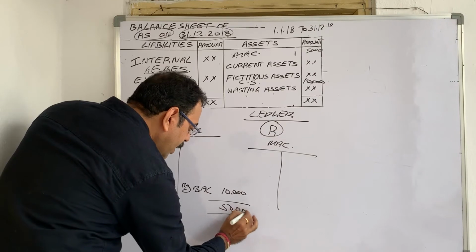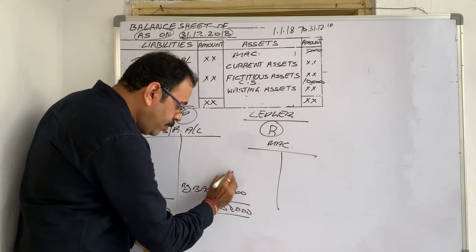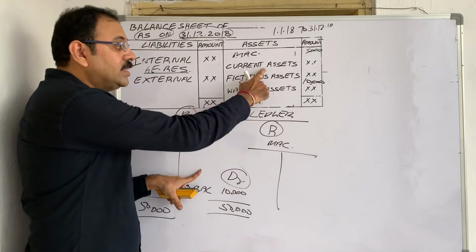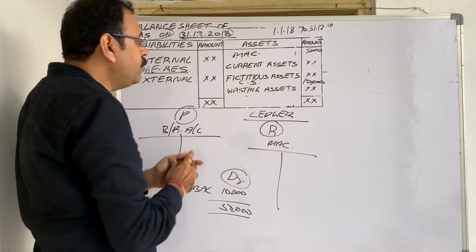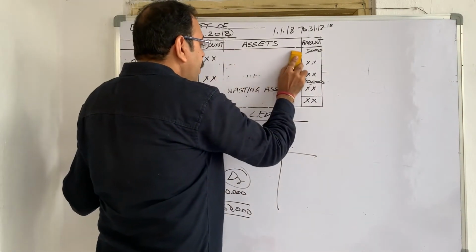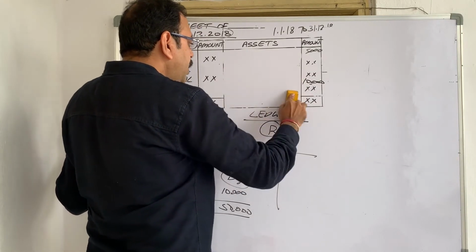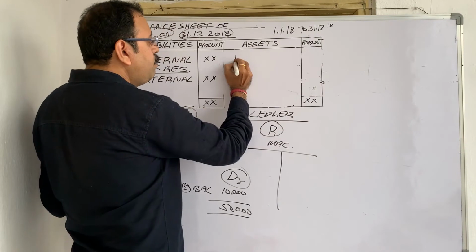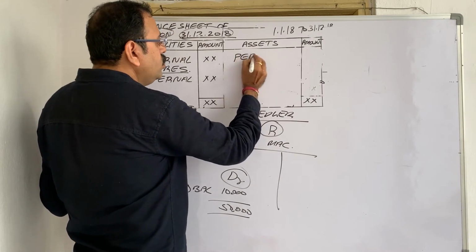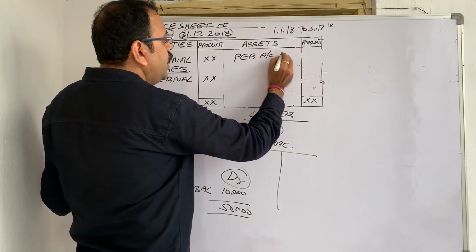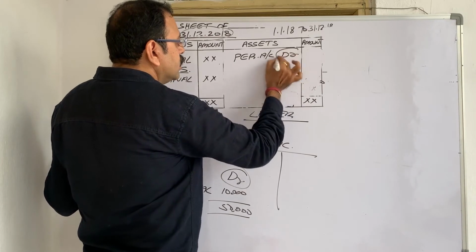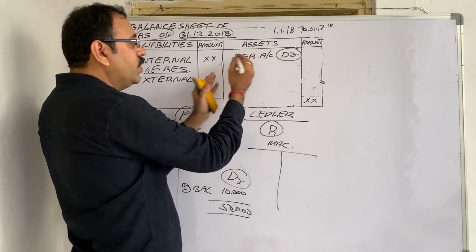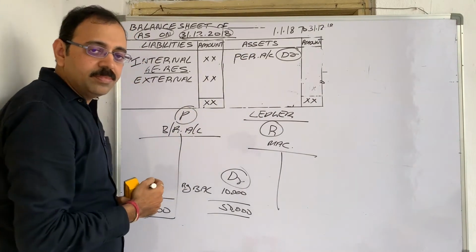Now this balance is called a debit balance, no? Where does it appear? Asset side. So remember, on the asset side, what do we have to record? If any personal account shows a debit balance, it will be recorded on the asset side of the balance sheet.